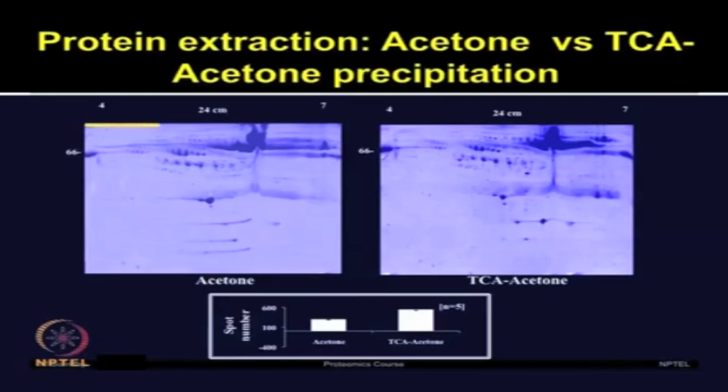We also compared the effect of acetone alone or TCA acetone precipitation. As you can see in this slide, the left one shows the overall protein spots present in the acetone alone treatment, and the right side shows the TCA acetone precipitation. Overall, more spots were resolved on the TCA acetone precipitated gel.